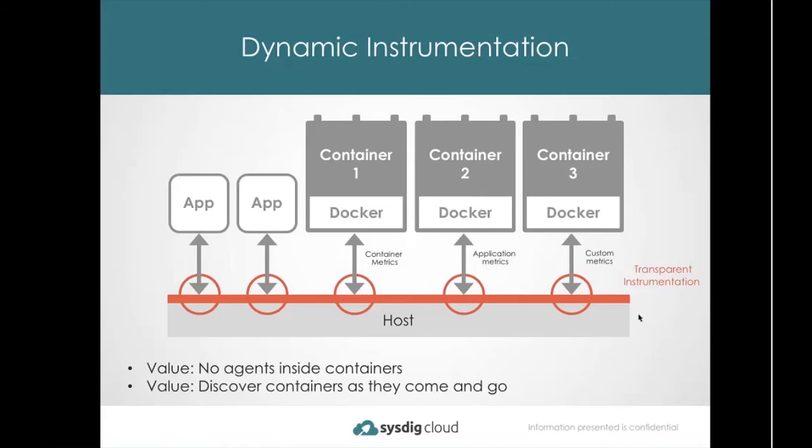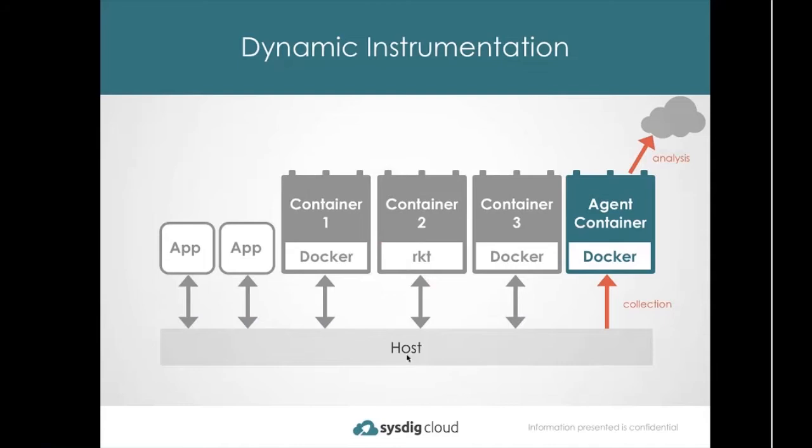From that, we can see every single system call that every container and every application makes. Imagine that for a second. With this one point of instrumentation, we can see every system call that comes from a container or the application inside of it. Not only can we see existing containers, but as Docker creates new ones or takes containers away, we see that as well. So we can discover containers as they come and go.